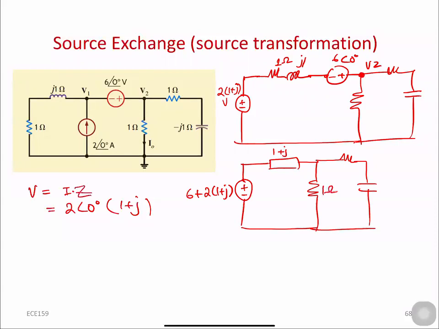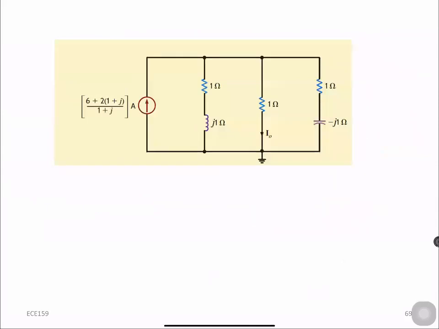Yes, this is 1 ohm minus j1. Now we have again a series combination of a voltage source with an impedance. What we can do now is convert this one to a current source, and we can simply write this one as this circuit. So we converted this one.